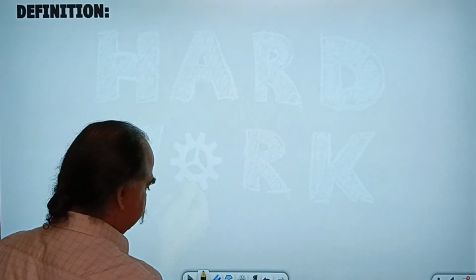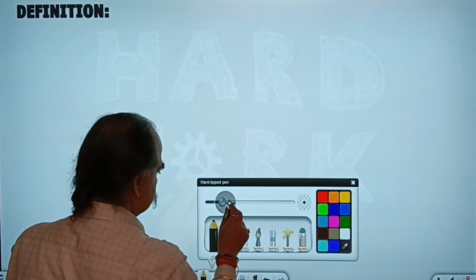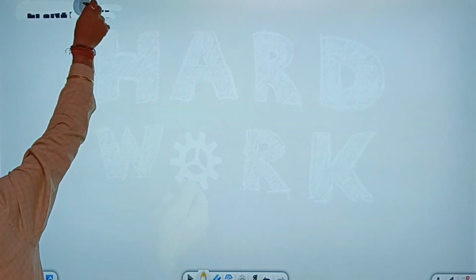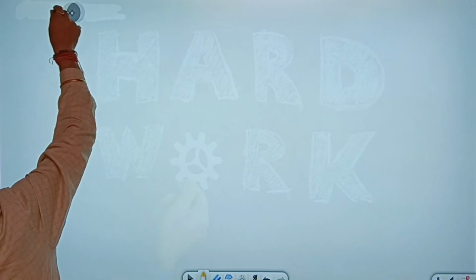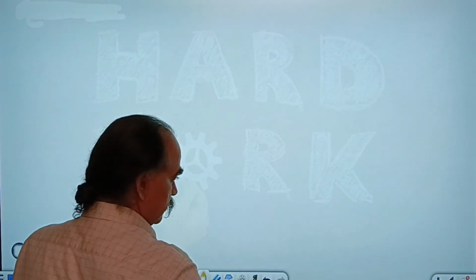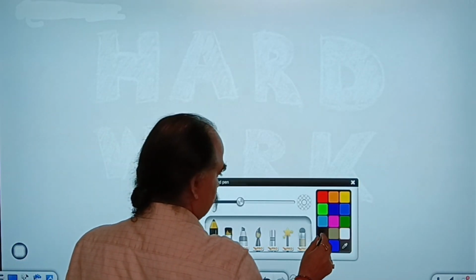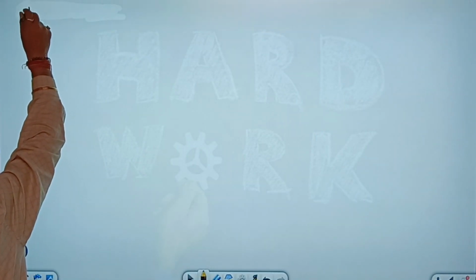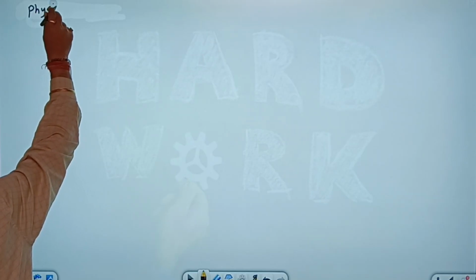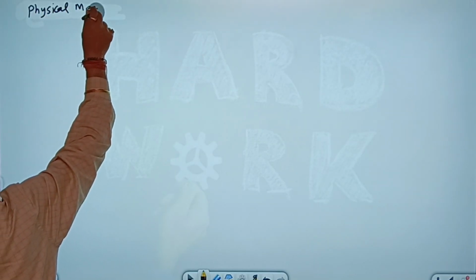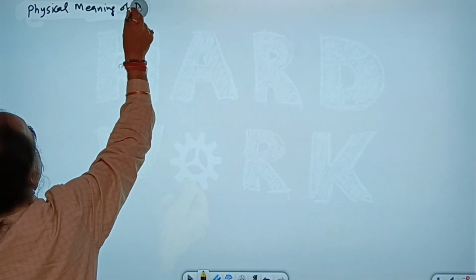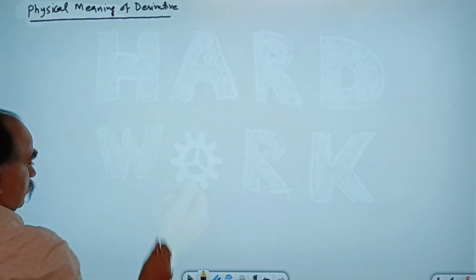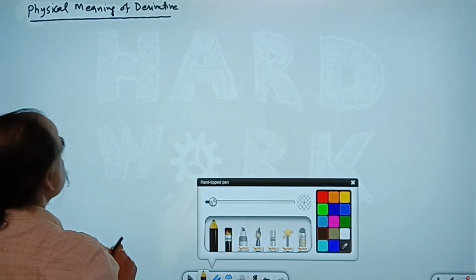Next is, according to physics, what is the meaning of derivative? Now all of you know velocity.